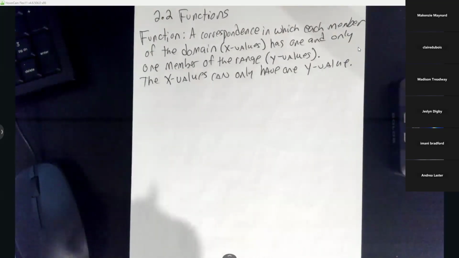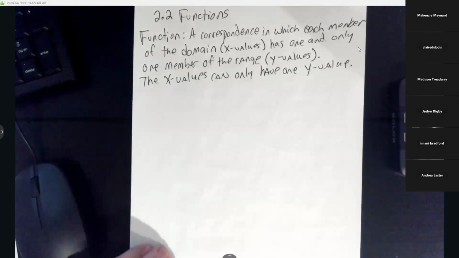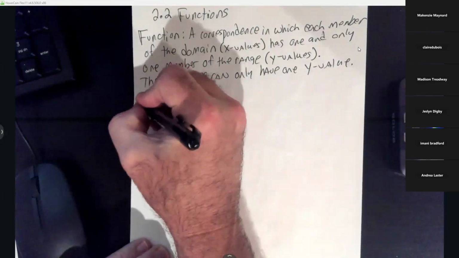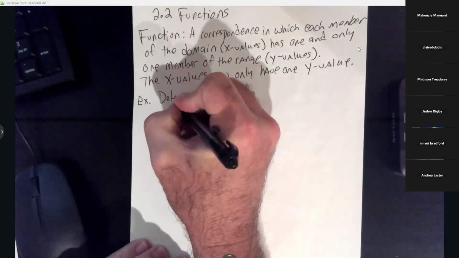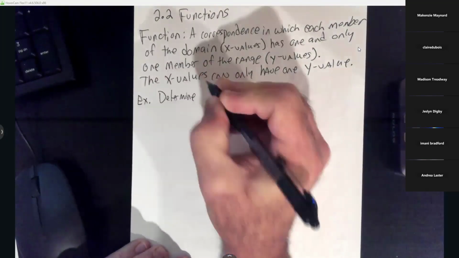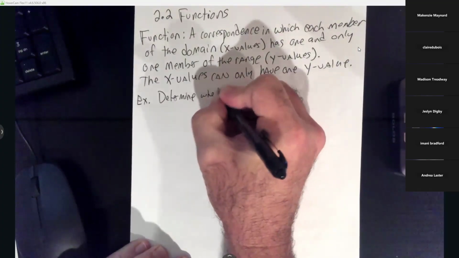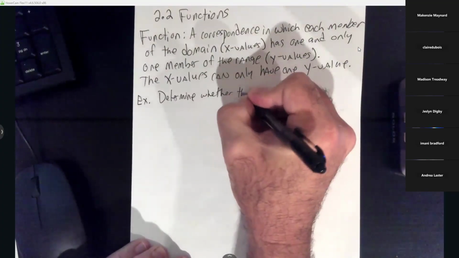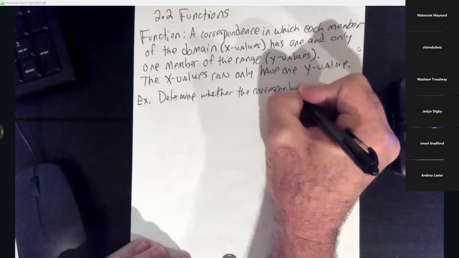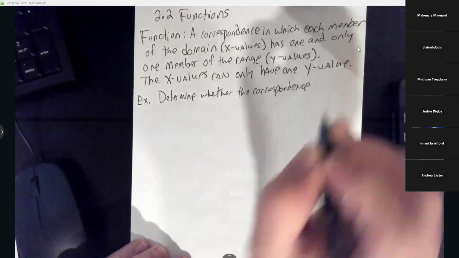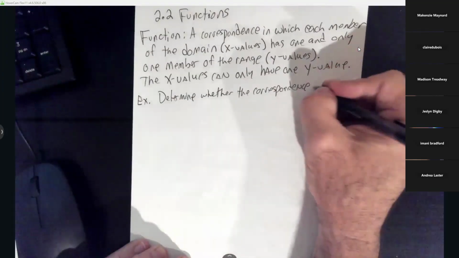If it's got more than one y value for an x, then it is not a function, okay? So for these examples, we're going to determine whether the correspondence is a function.